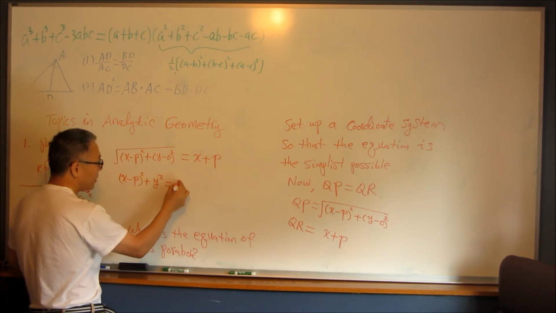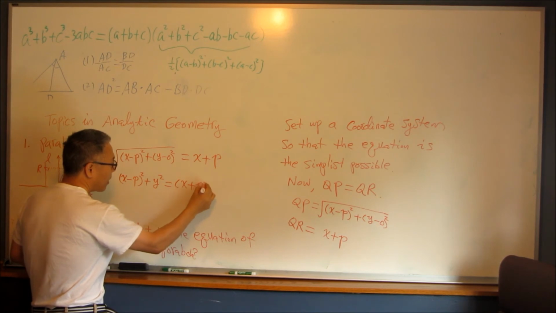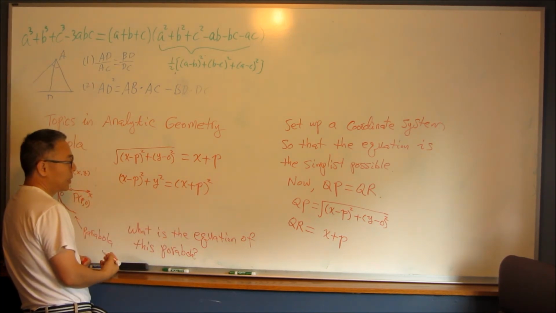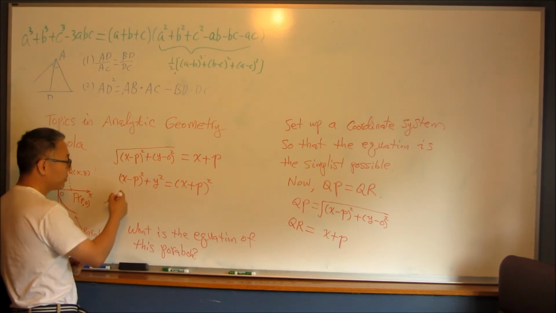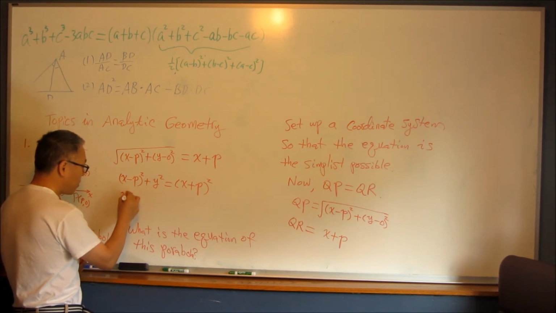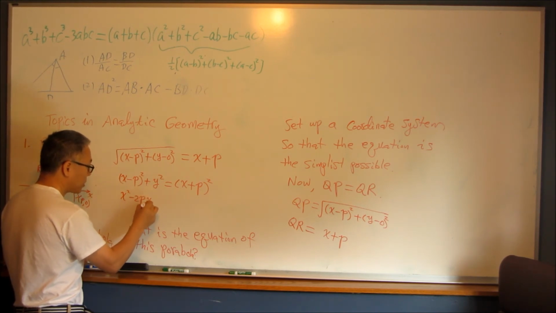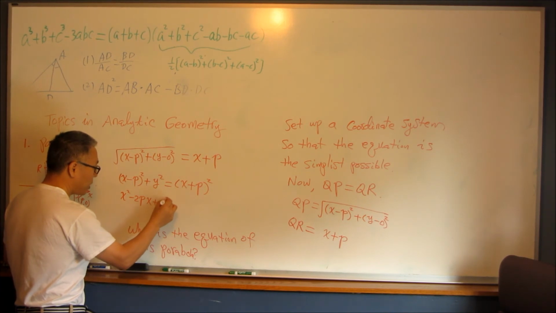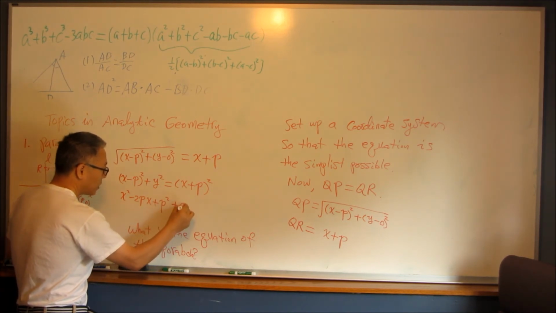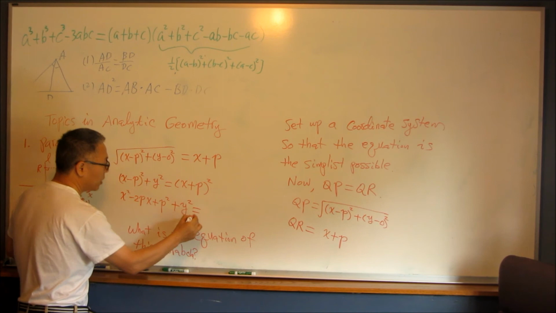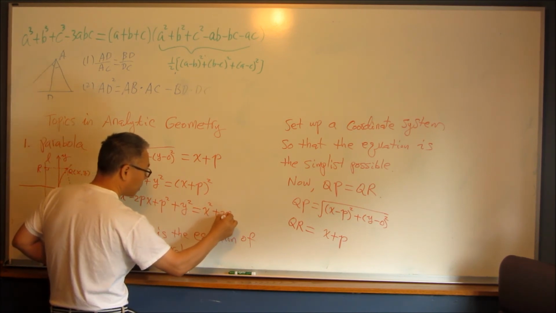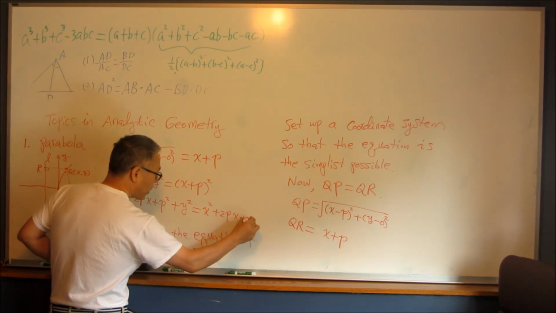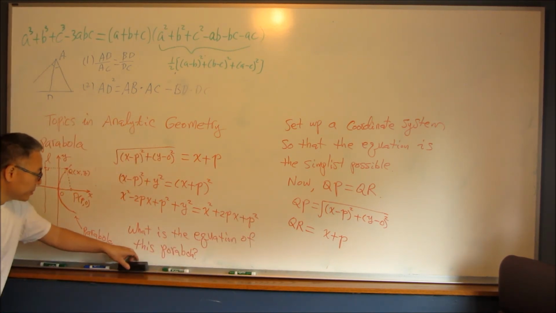Then we expand the two squared terms: x squared minus 2px plus p squared plus y squared equals x squared plus 2px plus p squared.